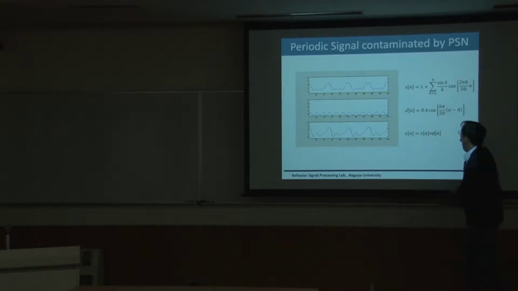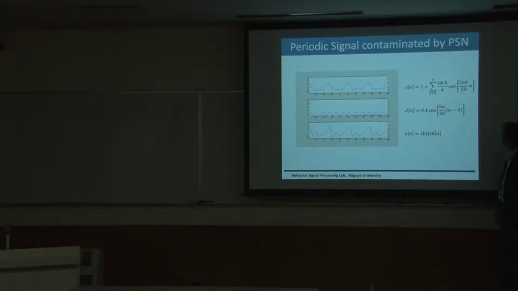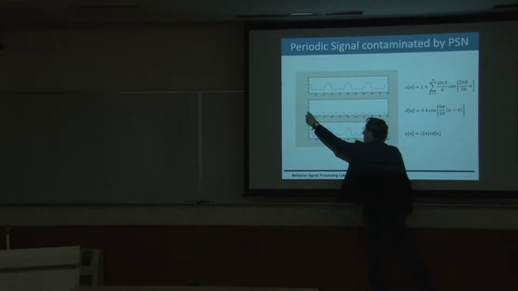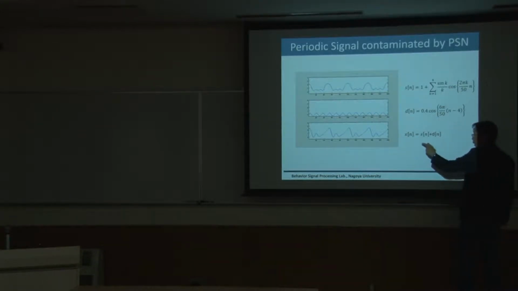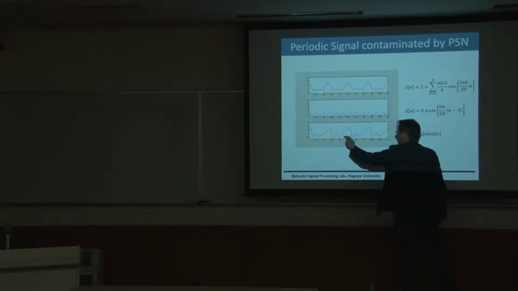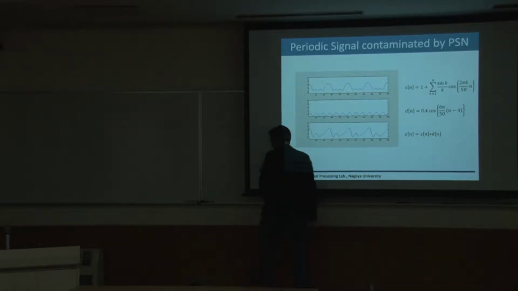On the other hand, suppose that the noise is like this, 6 pi over 50, which is less than k equals 4, for instance. 2 pi k, if k is equal to 4, then 8 pi, 6 pi. So this is a bit lower frequency component. And when you add this and this, you end up with this noisy signal, which is completely different in shape from the original signal. And how can we eliminate this from this?